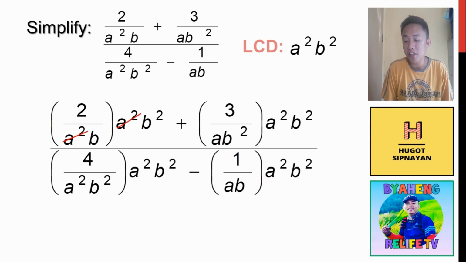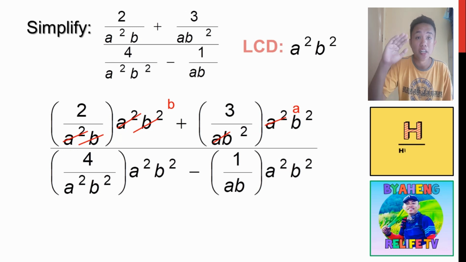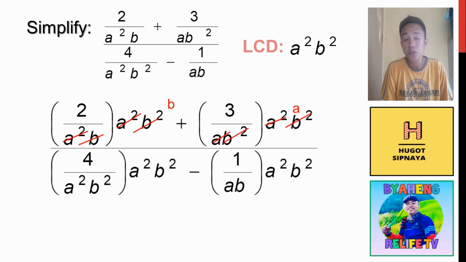Now, we can cancel out. a squared and a squared, cancel out, that is 1. b and b squared, it becomes b. a squared and a become a, so there is a remaining a on top. b squared and b squared is 1.